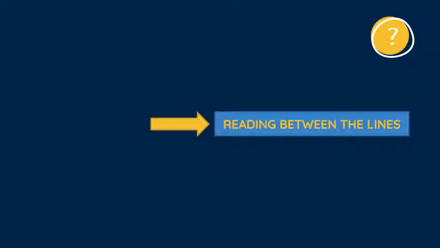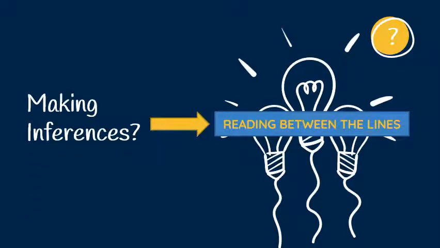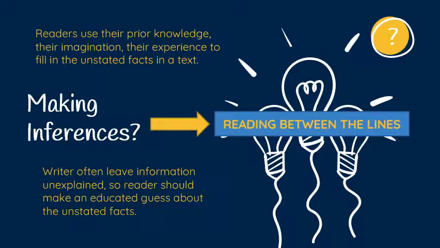It is often necessary to read between the lines because a writer cannot include all the possible information about a topic or situation. In many kinds of writing, the author presents the facts about a situation or topic and also makes inferences from those facts. That is why making inferences is necessary, because a writer often leaves out information that they think readers will know already or will be able to guess.